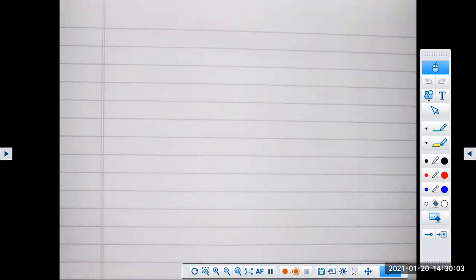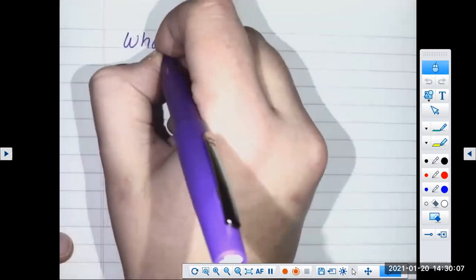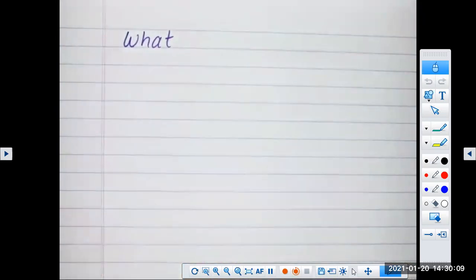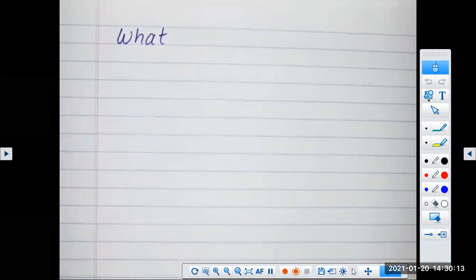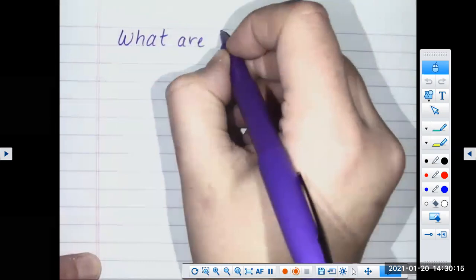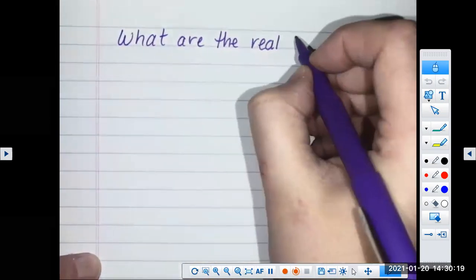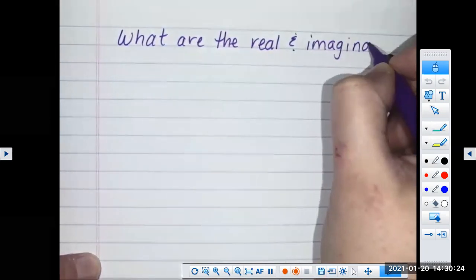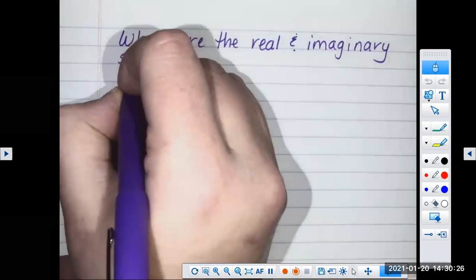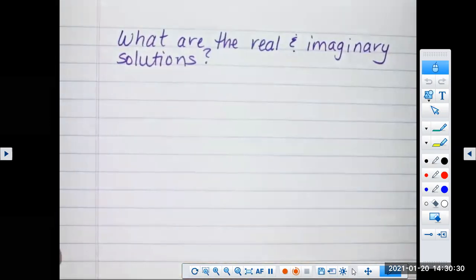Okay, now to actually solve some, your directions may say to solve the polynomial equation, or it may ask you what are the real and imaginary solutions or roots? So that's how you know you're going to go a step further and actually solve.